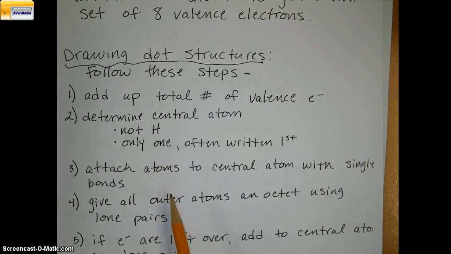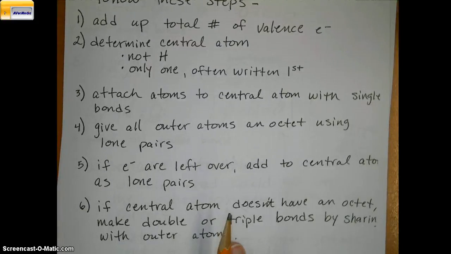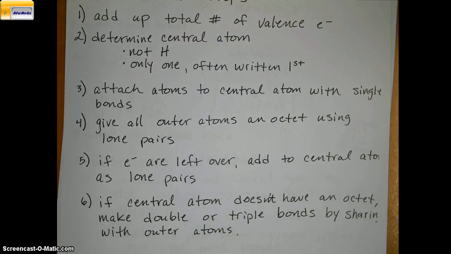Once we've done those two things, we're going to start drawing. We're going to attach the outer atoms to the central atom with single bonds, and I'll show you what that looks like. Then we're going to give all of the outer atoms an octet using lone pairs, and lone pairs are electrons that are already paired up that are not involved in bonding.